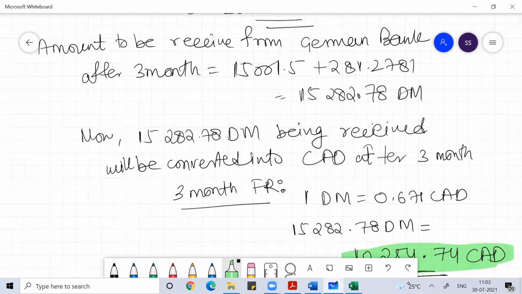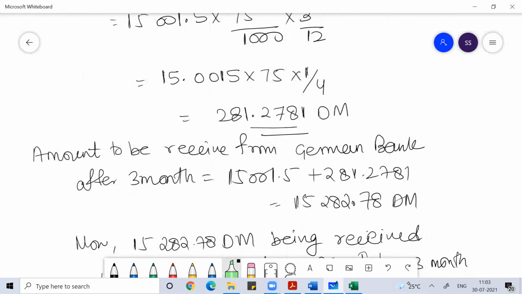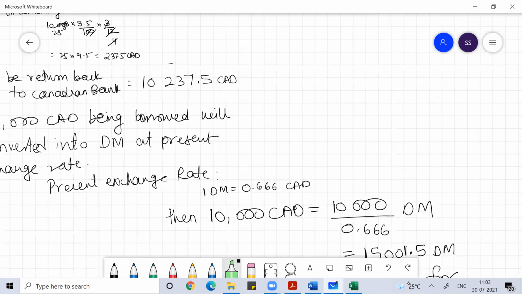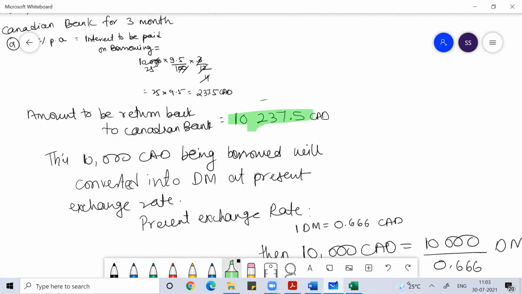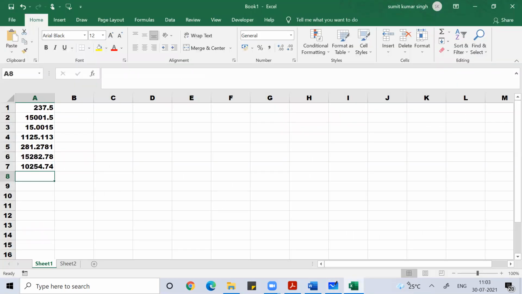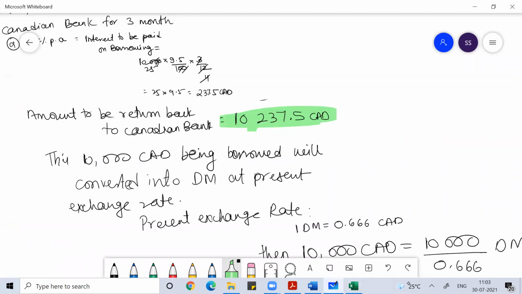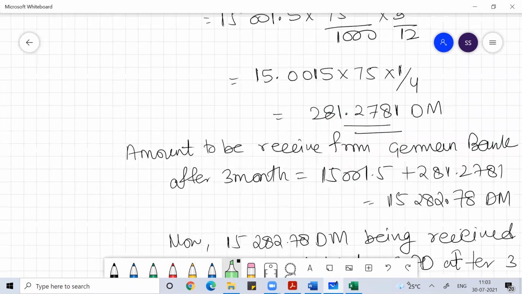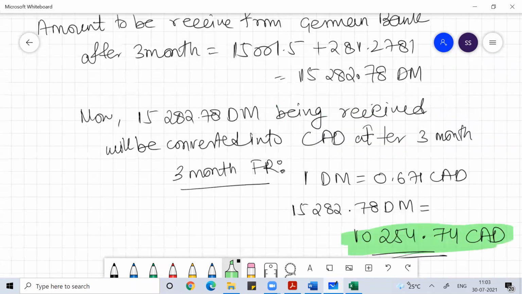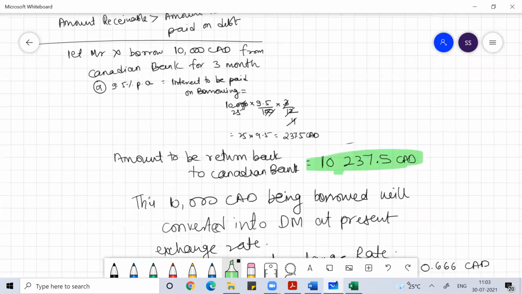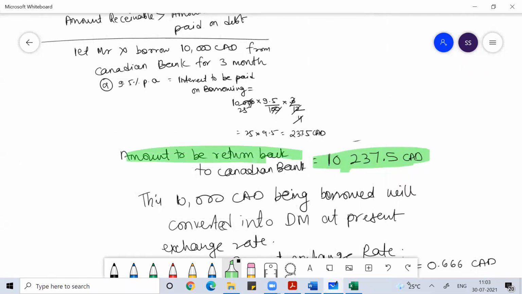pay on borrowing? You need to pay 10,237.5 Canadian dollars. So you remember here we did this: the amount to be returned back to the Canadian bank. How much you need to return back to the Canadian bank? 10,237.5 Canadian dollar.